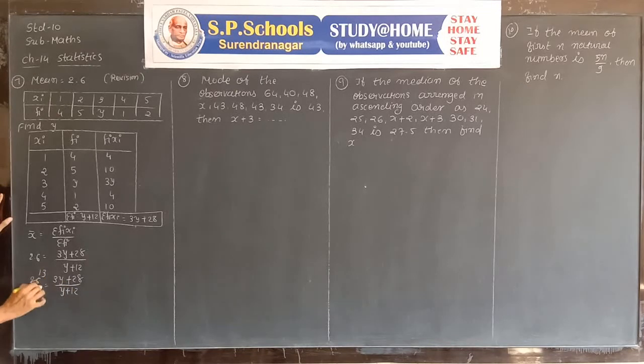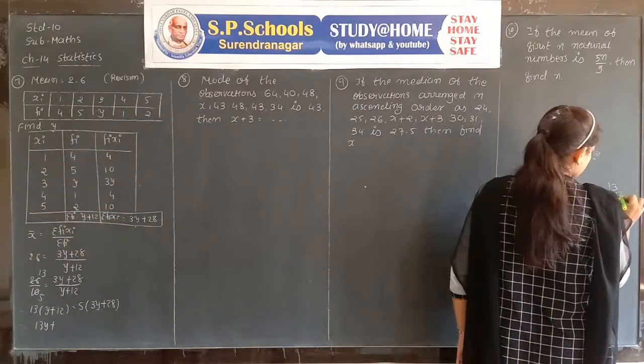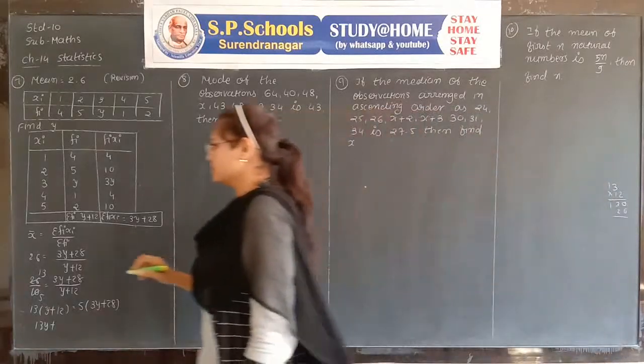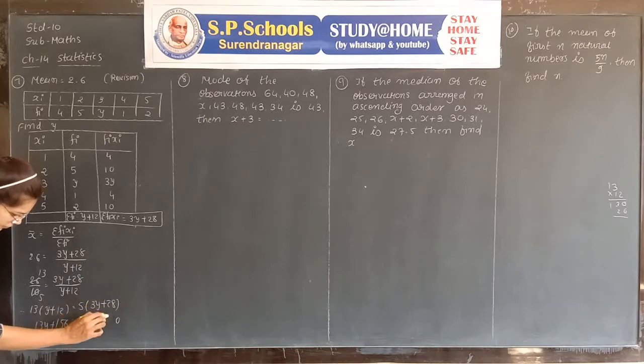2 13s are 26 and 2 5s are 10. 13 multiplied by y plus 12 is equal to 5 multiplied by 3y plus 28. Therefore, 13y plus, we multiply 13 with 12, 156, is equal to 15y plus 5 times 28, which is 140.